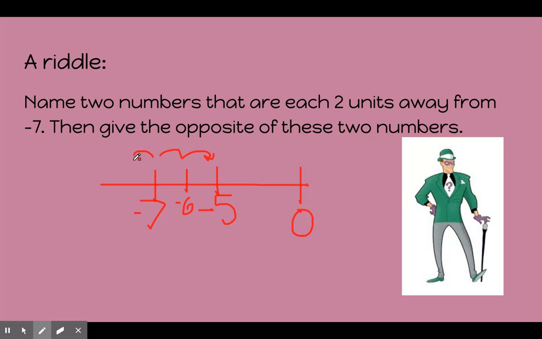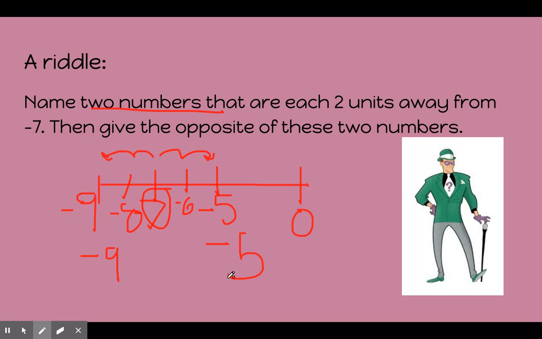But I can also go 2 units in the opposite direction. This would be -8, and this would be -9. Oops, let's figure that out. So my 2 numbers that are both 2 units away from -7 are -9 and -5.